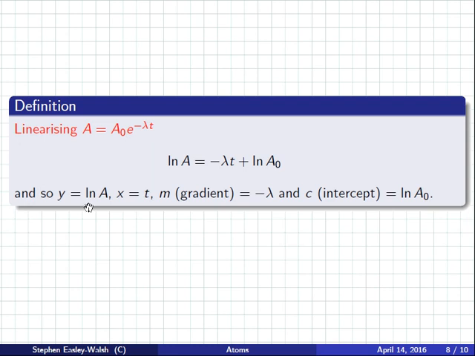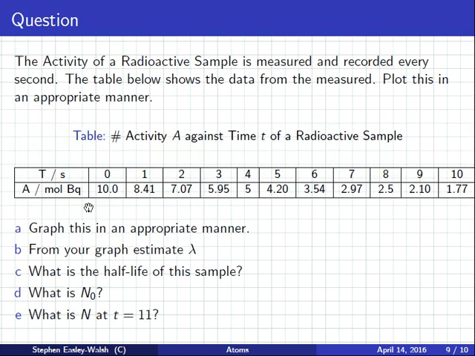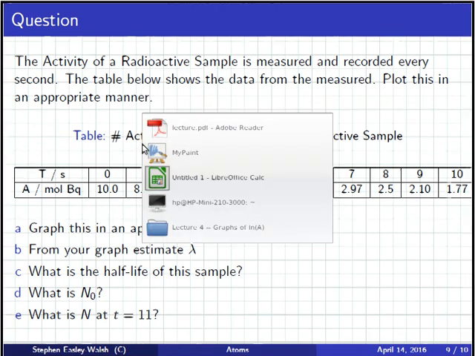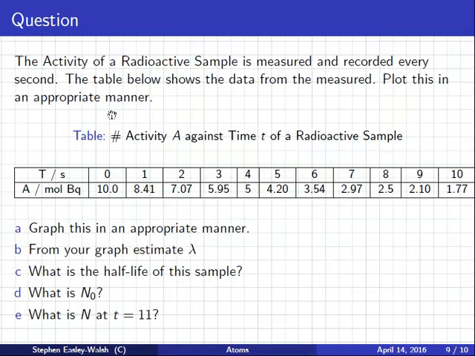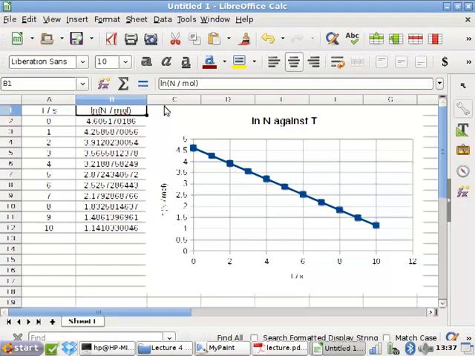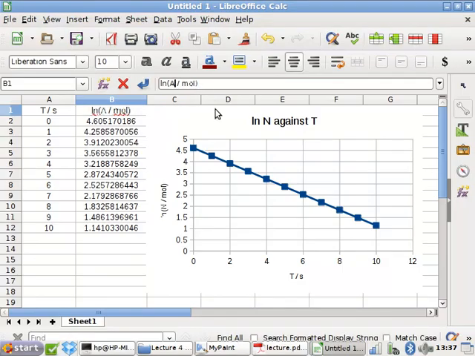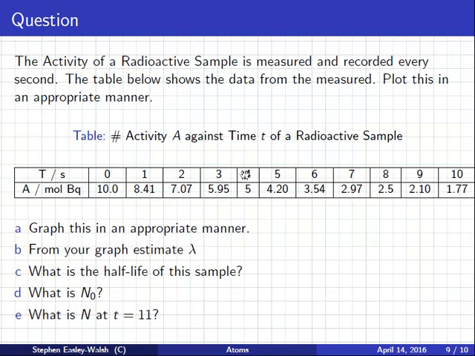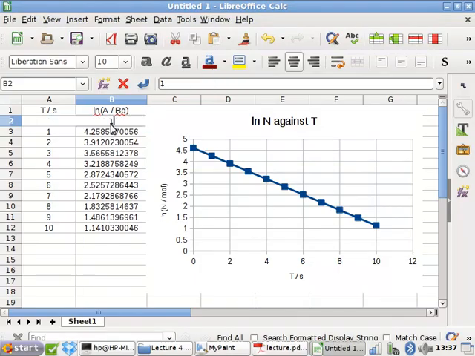Okay, let's continue then, since you're clear on that. Here's an example, but I'll just put the data into my program here since I have it open. So now instead of being activity, it's log activity. And I start from 0, go to 10, and the first one is a 10, isn't it?